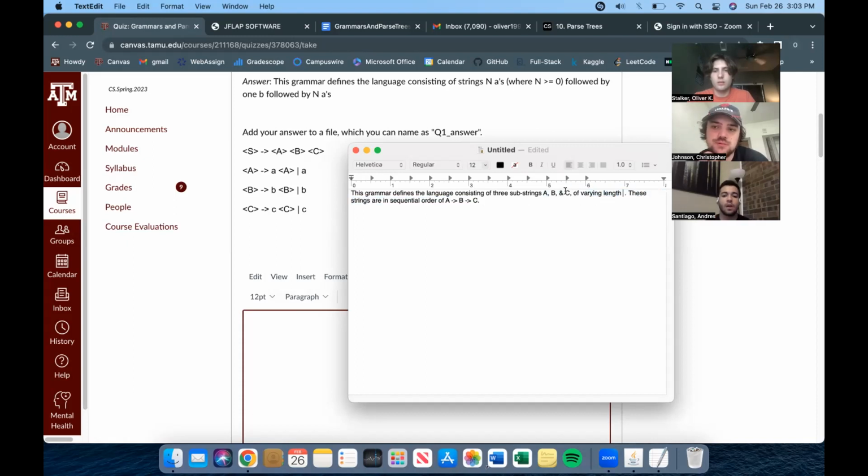One thing you might want to add is that they all have to be greater than or equal to 1. Or like they can't be 0. Right, yeah.